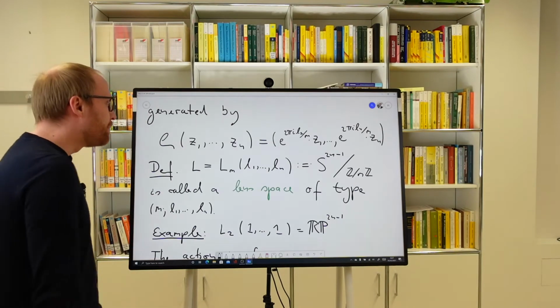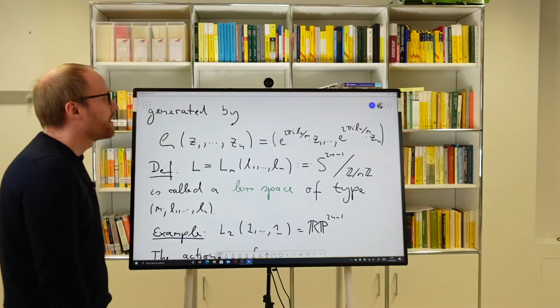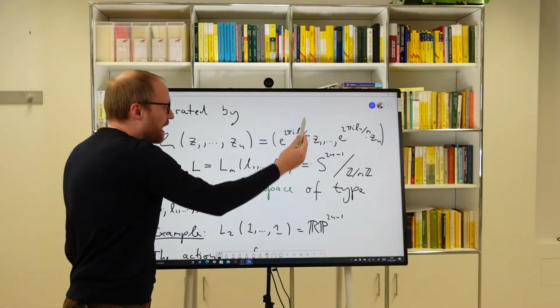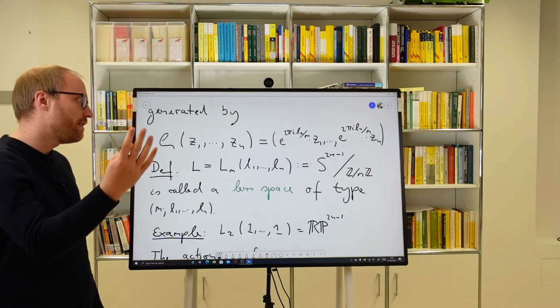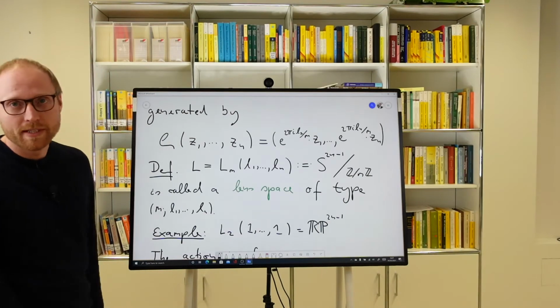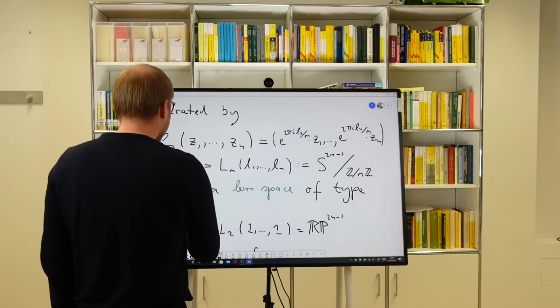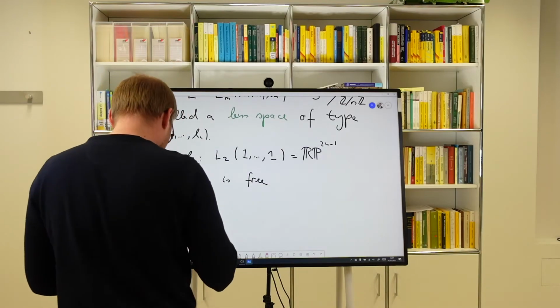But this can only be 1 if this k with which I multiply here is actually itself a multiple of m, because Li was chosen co-prime to m. So in other words, only the identity element of this group acts trivially. And all the other group elements move points. And this is what it means that the action is free.